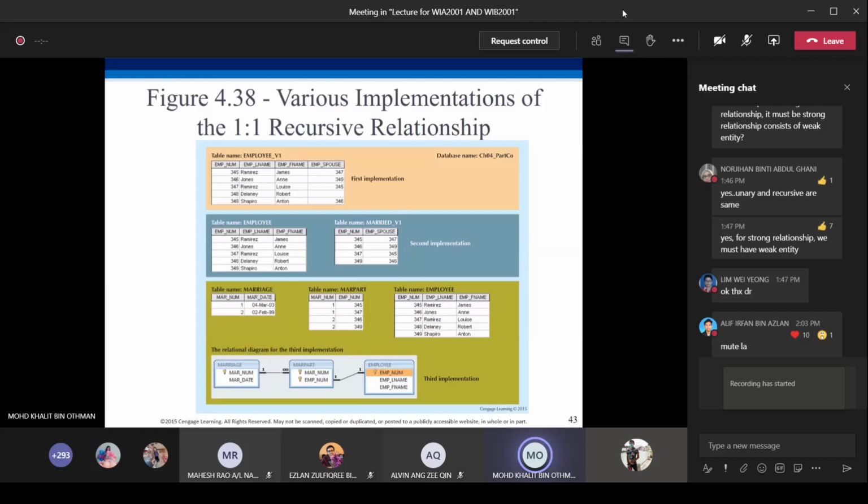If you store all the data into one table, we have several problems with this way of storing data.